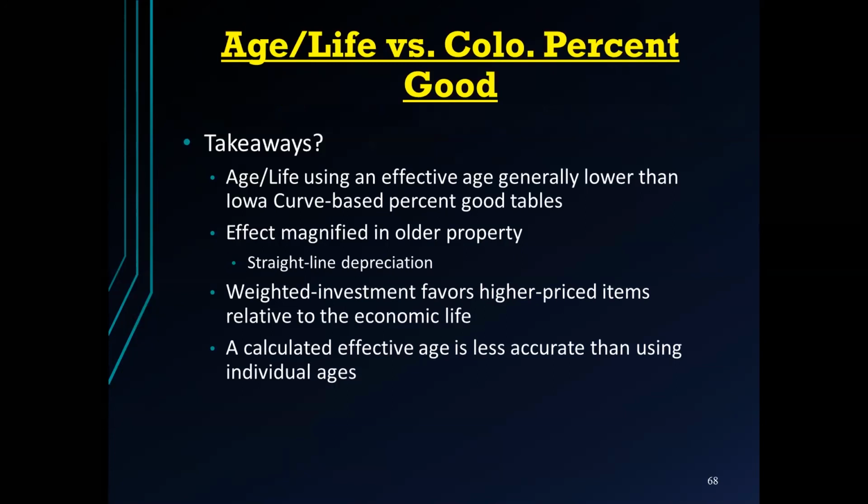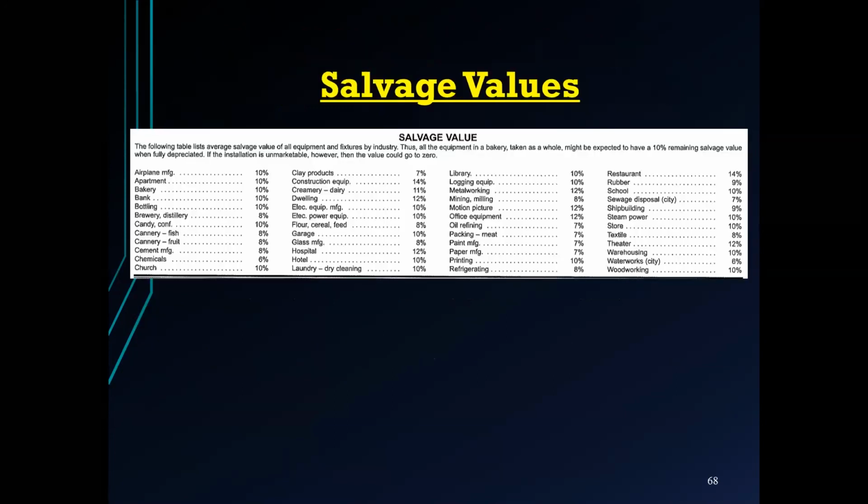So if you have an item with a much higher original installed cost and therefore a higher RCN, that asset is going to have more weight in your weighted average, which means that it's going to skew it. So if you have certain high priced assets, they can throw off your effective age because it's weighted to their favor.